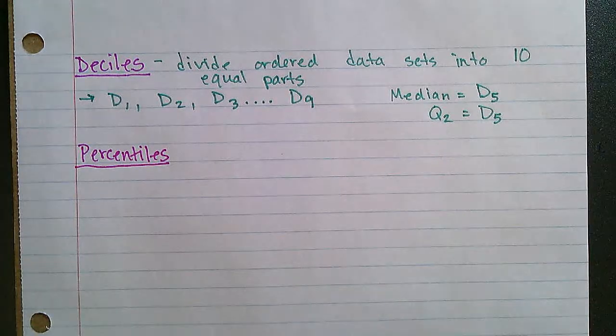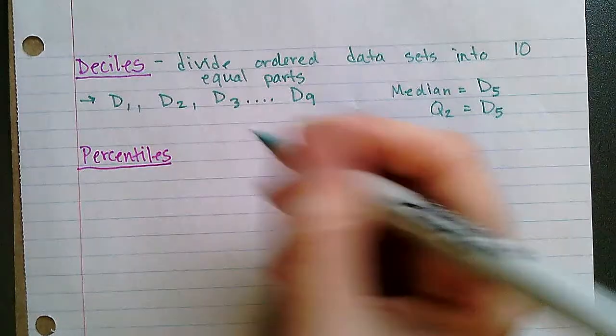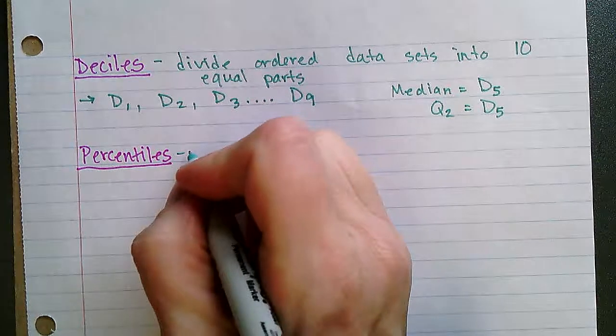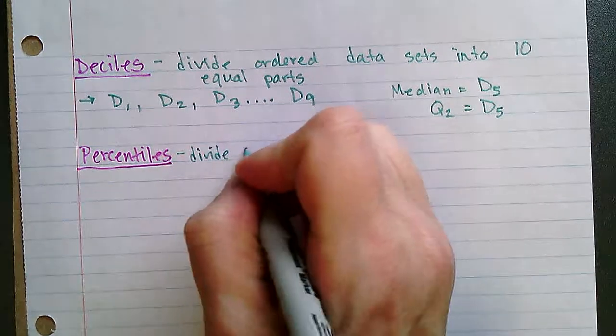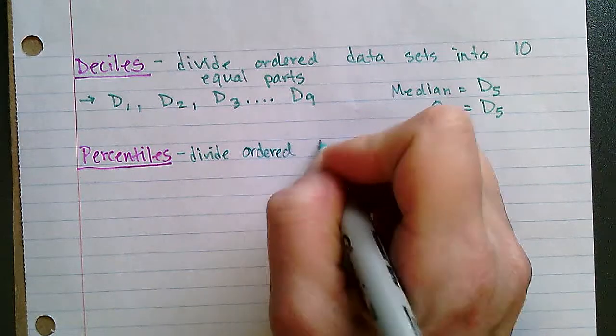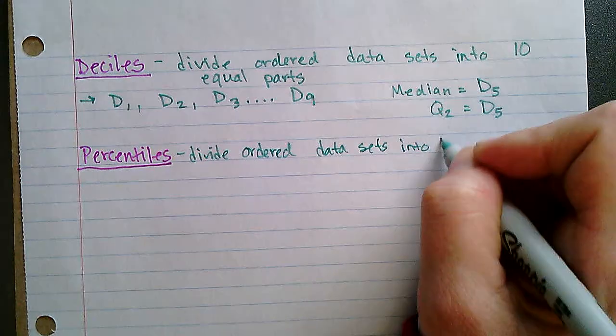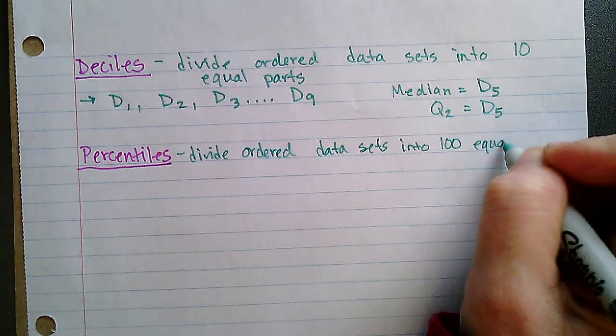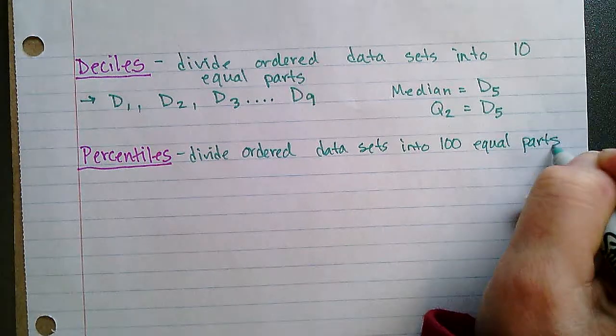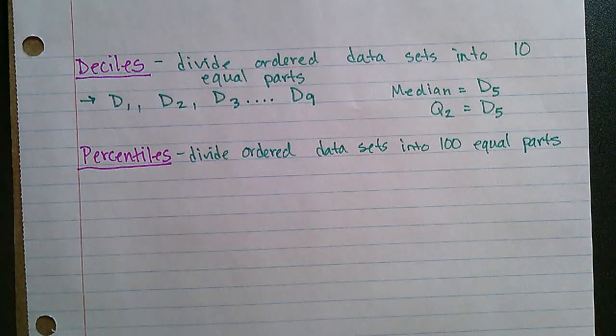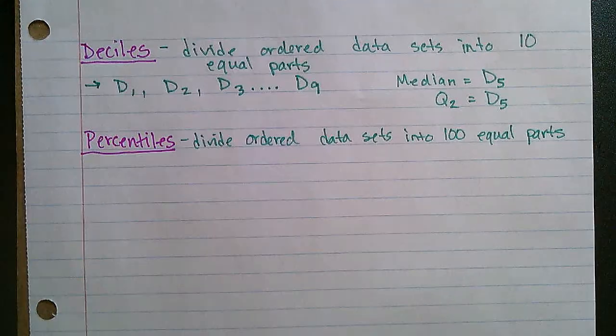Another way to measure position is using percentiles. Percentiles are going to divide the ordered data set into 100 equal parts. You've heard percentiles used most frequently probably in education, like if you look at your SAT scores or ACT scores or state assessments or MAP scores, they'll tell you you're in the 92nd percentile.